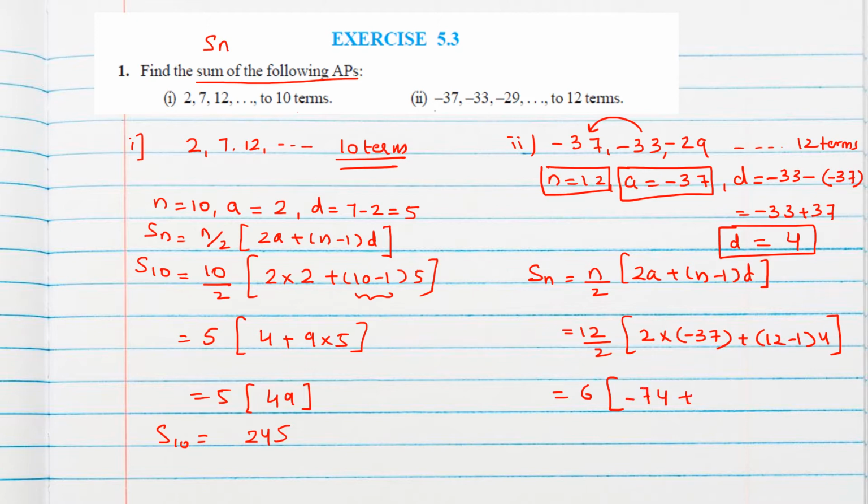Here 12 minus 1 is 11, so better I'll write 11 into 4. Then in the next step we can multiply, that is 44. So minus 74 plus 44 means minus 30. 6 into minus 30 is minus 180. So the sum of the first 12 terms we can write is minus 180.